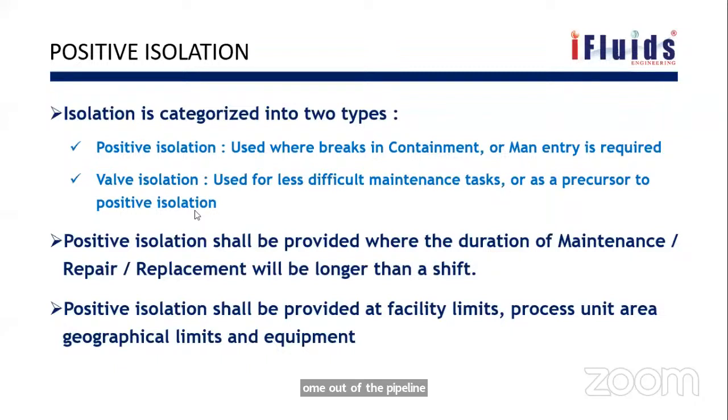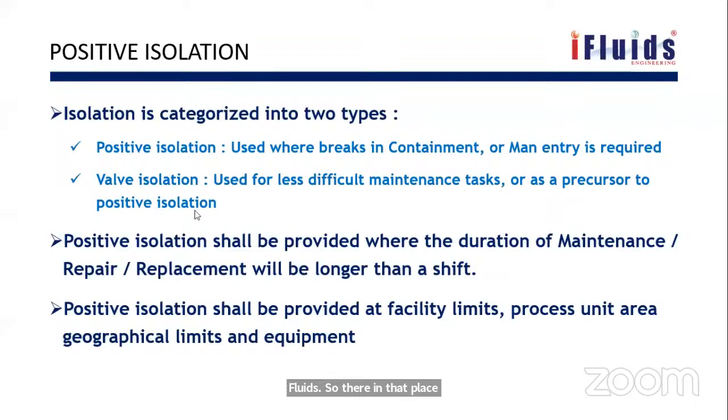Positive isolation will be provided at facility limits. Every unit will have its own boundary or limits, and at the boundary you will have entry and exit of all the process fluids. That is where positive isolation will be provided.